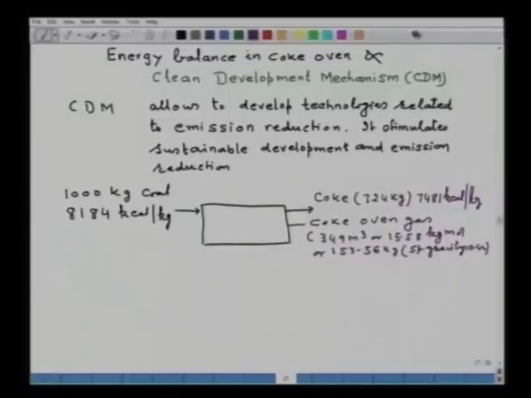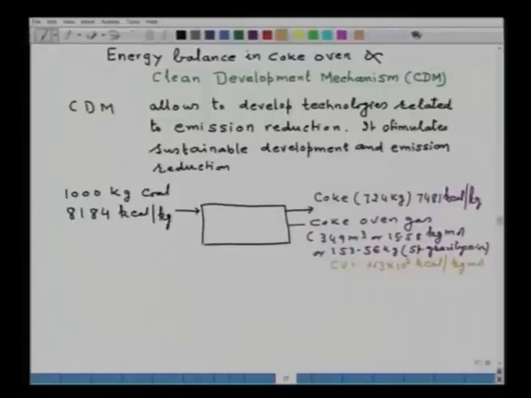We have also determined calorific value of this was equal to 113 into 10 to the power 3 kilocalorie per kg mole.